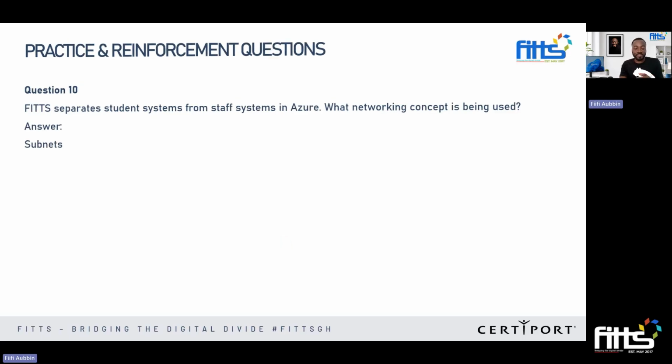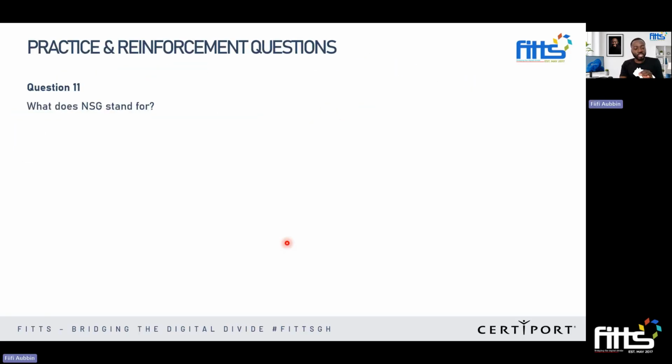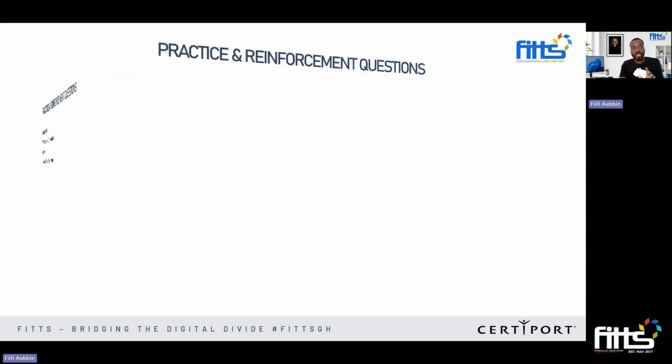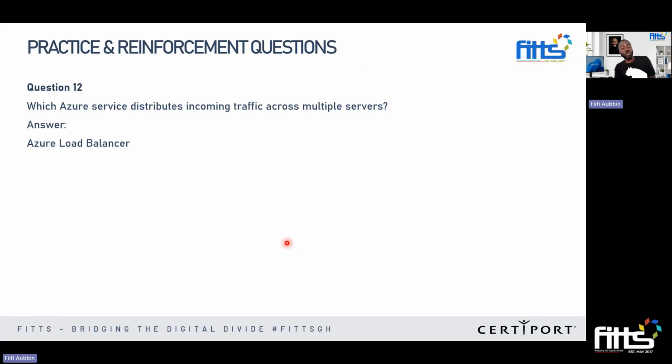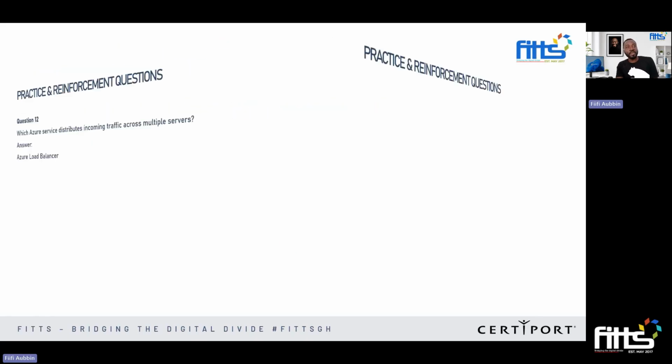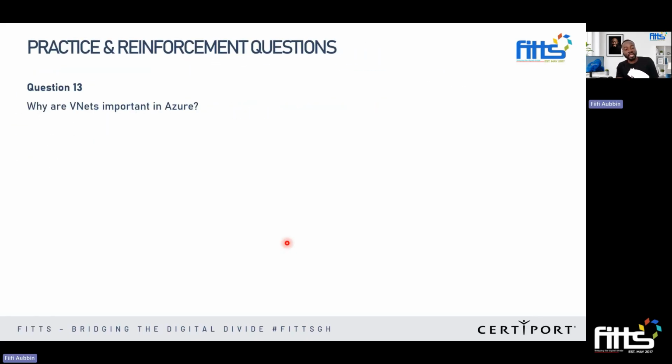So we have Subnet. Then question number 11, what does NSG stand for? Which is Network Security Group. So these are concepts you need to be familiar with, okay? Now question number 12, which Azure service distributes incoming traffic across multiple servers? So the obvious answer is Azure Load Balancer.